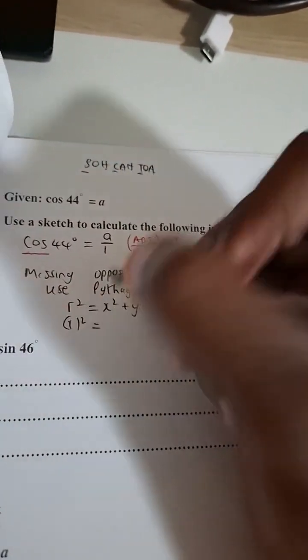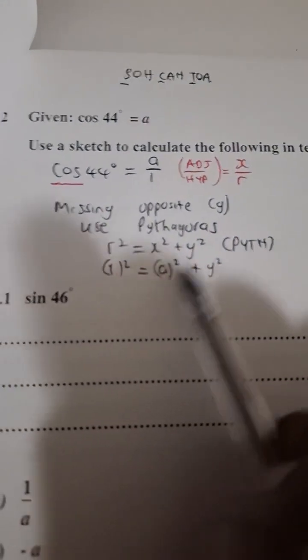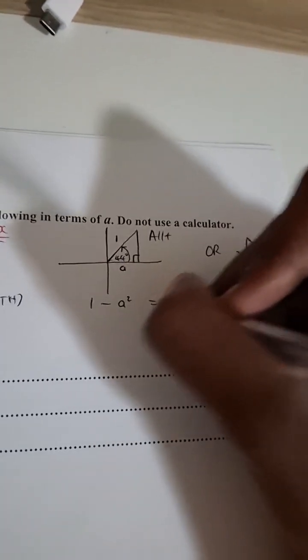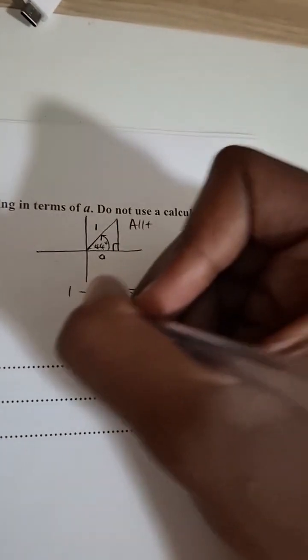What is r? My r value is 1. My x value is A. I am missing y. Now I have to transpose the A squared over to the other side. That means 1 minus A squared is equal to y squared. Y squared is isolated. Then what do I do after that?